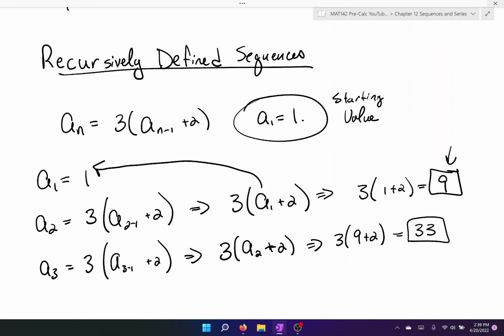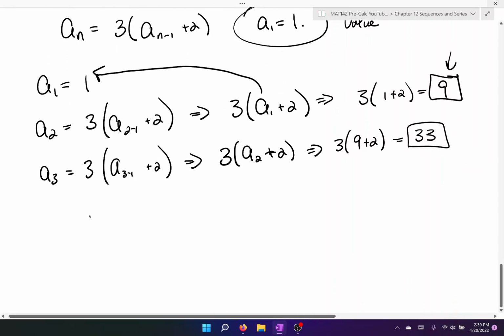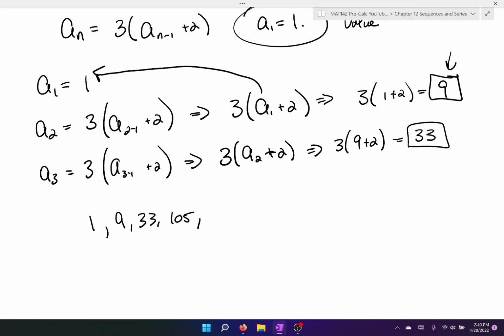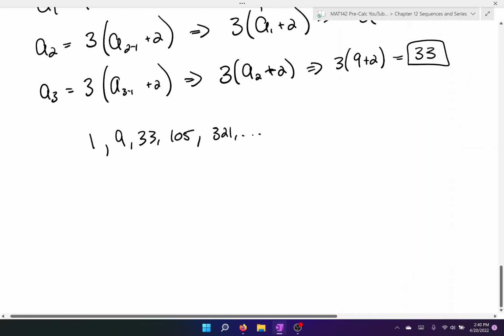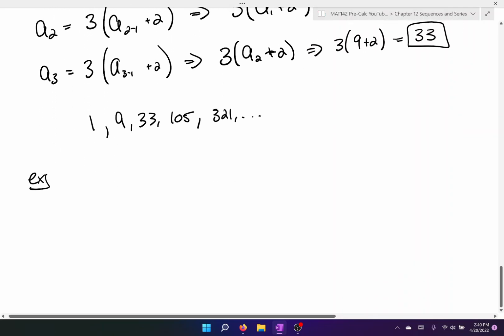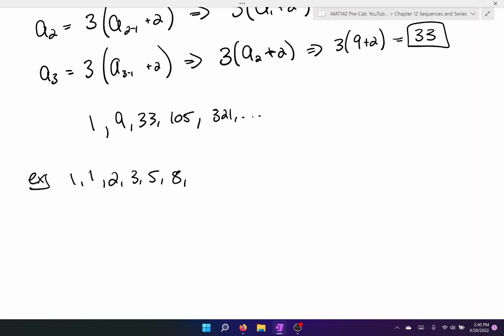Okay? So if we kept doing this, we would find that the first terms are 1, 9, 33, 105, 321, and you would just keep doing that, and that would generate this sequence. Now, quite possibly the most famous one that we've ever seen is this sequence right here. This is called the Fibonacci sequence.